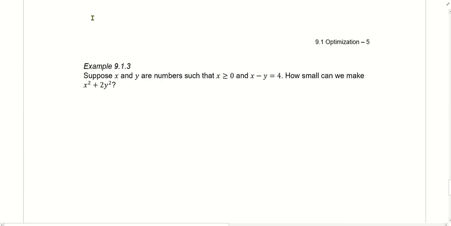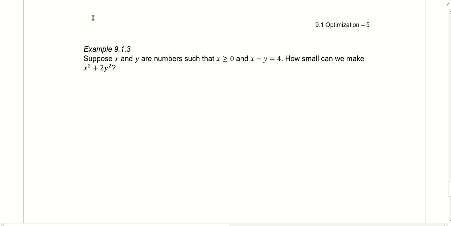So step 2 is where we list our objective function and any constraints. Okay, let's start with our objective function. What am I trying to minimize or maximize in this case? I want to see how small we can make this x squared plus 2y squared.